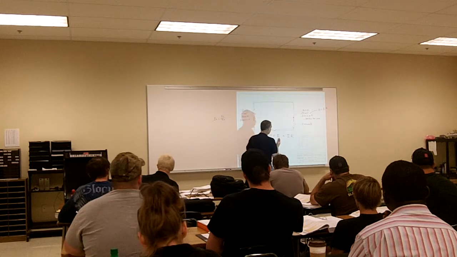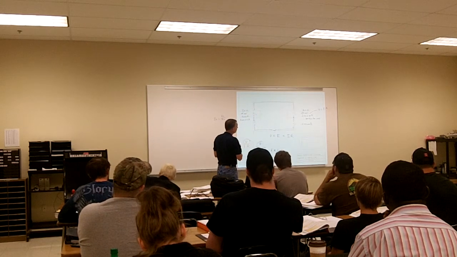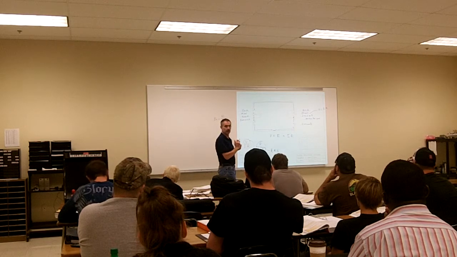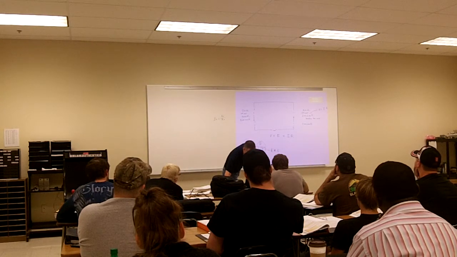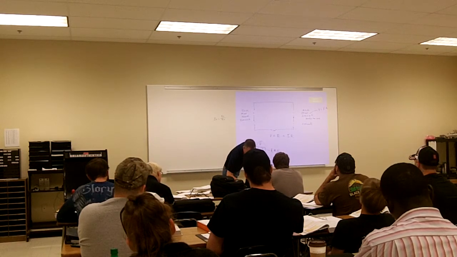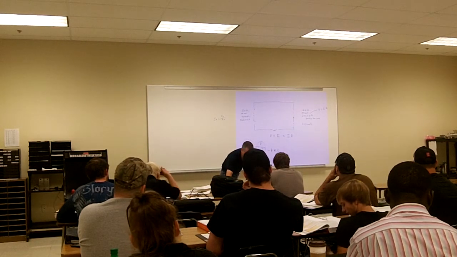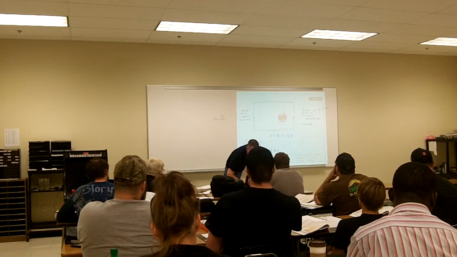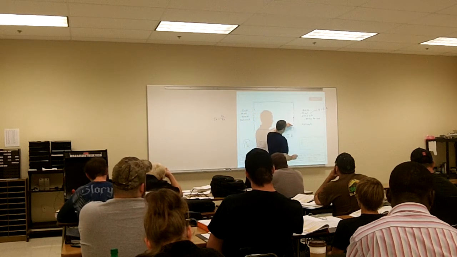And when we're using an ammeter, what must we do to our circuit? If I'm going to install an ammeter into my circuit, what must I do? Yeah, break the circuit. So you must break your circuit, and then wherever you break your circuit, you install your current meter.